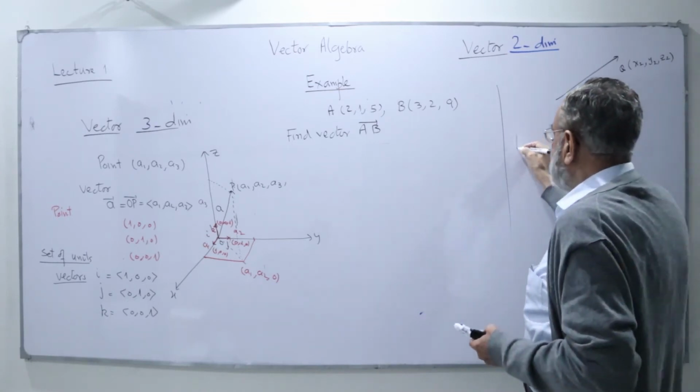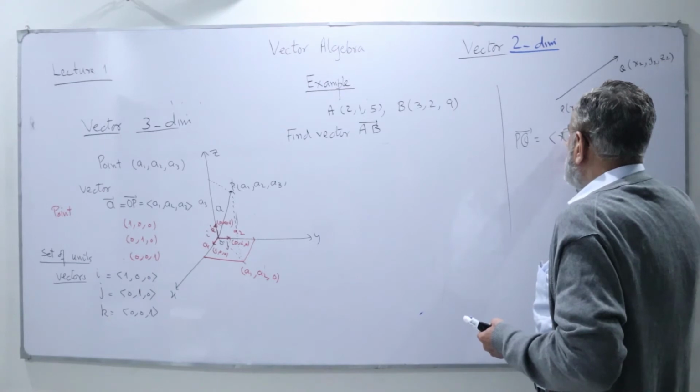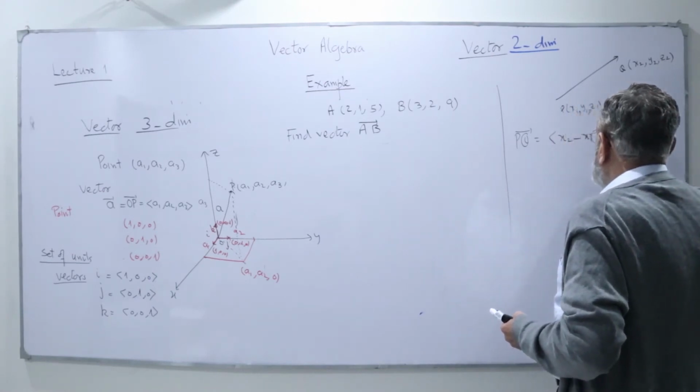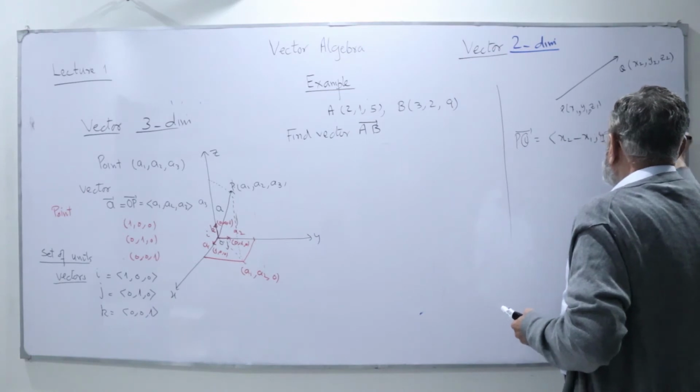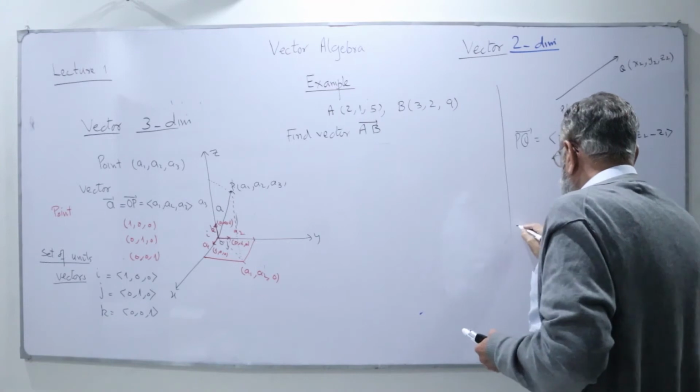So I can write my vector PQ as x2 minus x1, y2 minus y1, z2 minus z1. I will show you in 2 dimensions, that's easier to show.